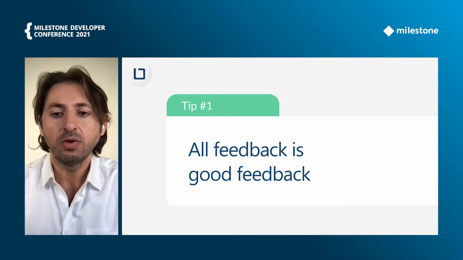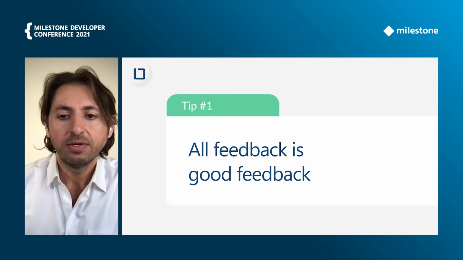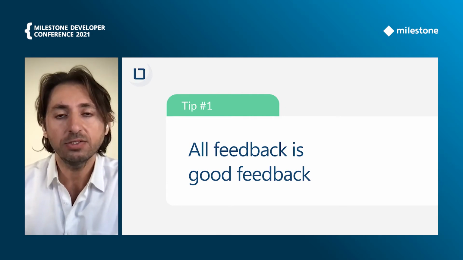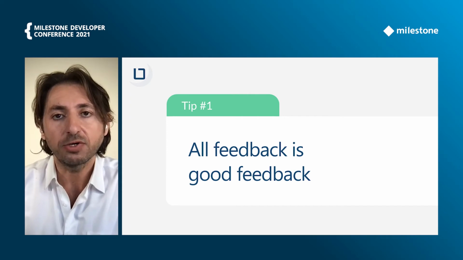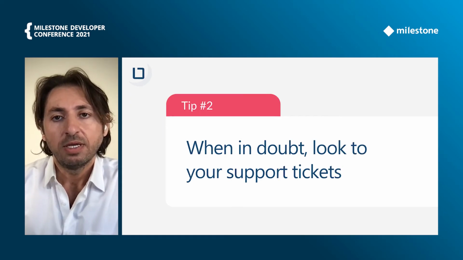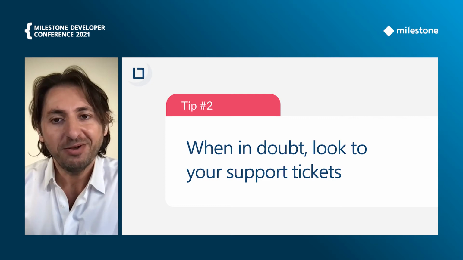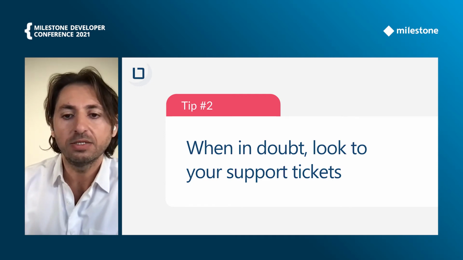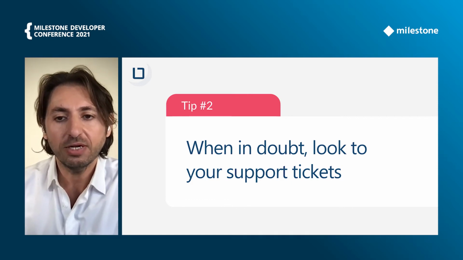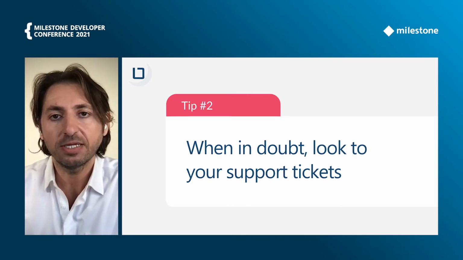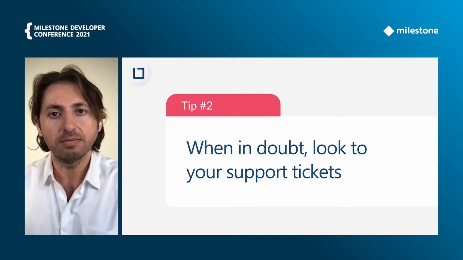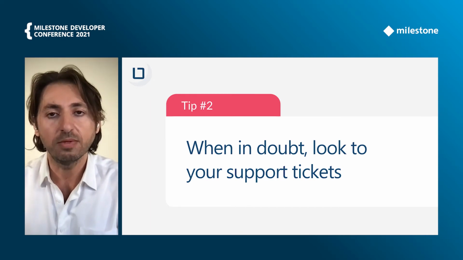So we realized that we needed a better understanding of the edge cases that were causing this spam and also a better user experience for the customer. So with that, when in doubt, you really want to look at your support tickets, and that's what we did. So we looked at our support tickets and realized that other customers were receiving very similar amounts of emails, and many customers didn't realize it to be a problem.